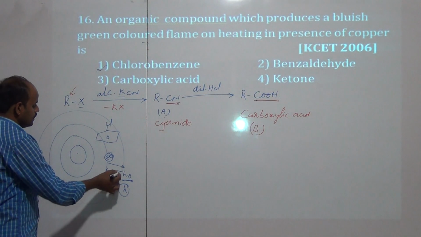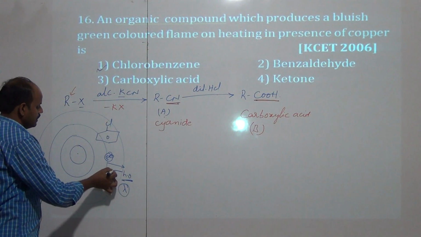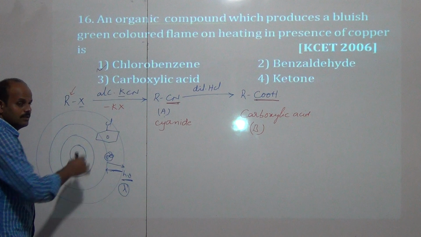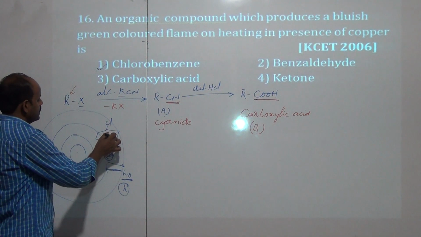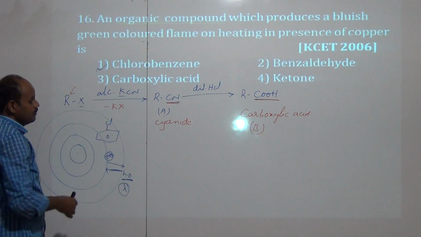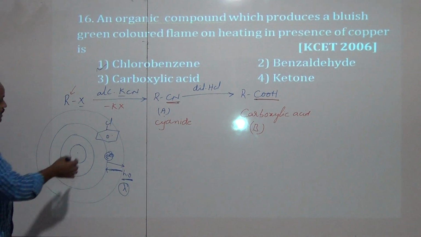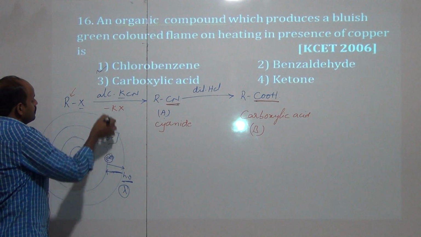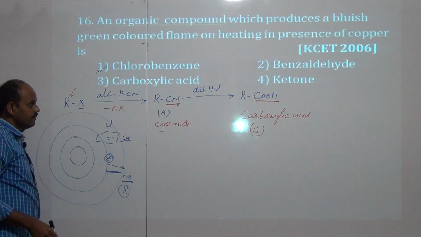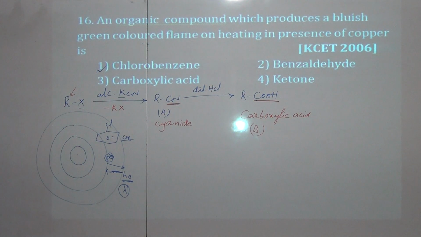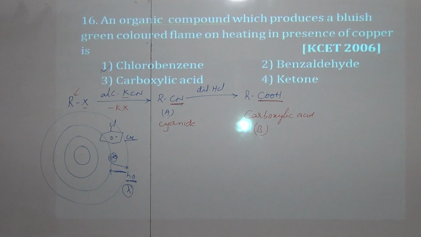Thus the type of radiation emitted is the color of that particular compound. Thus if you take chlorobenzene, it emits which type of color? Bluish green color. Hence here it gives a bluish green color in the presence of copper. Okay, thus first option is the correct one. Next bit.